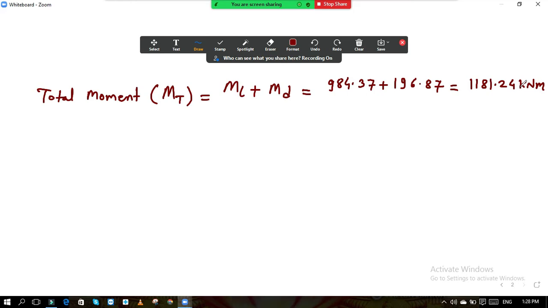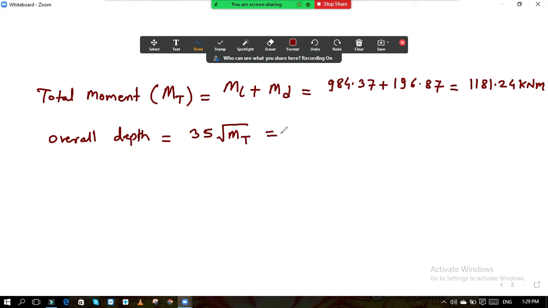Okay. So now next step. Next step is overall depth. Overall depth is equal to, what is the formula? It is 35 under root M_T, the total moment.